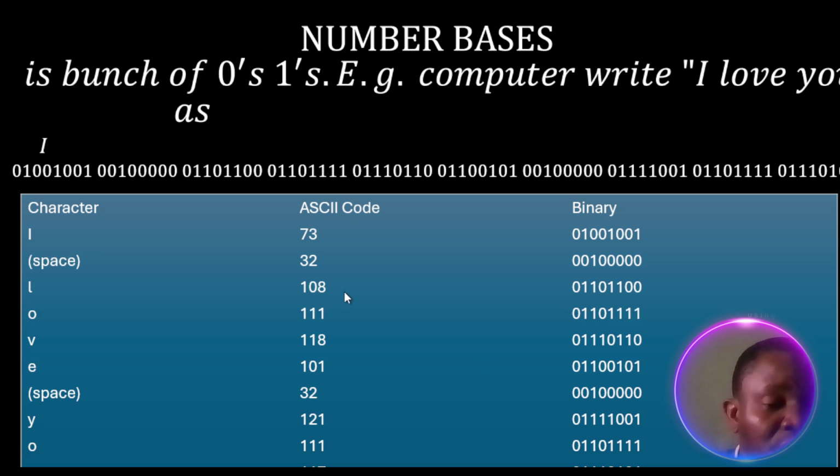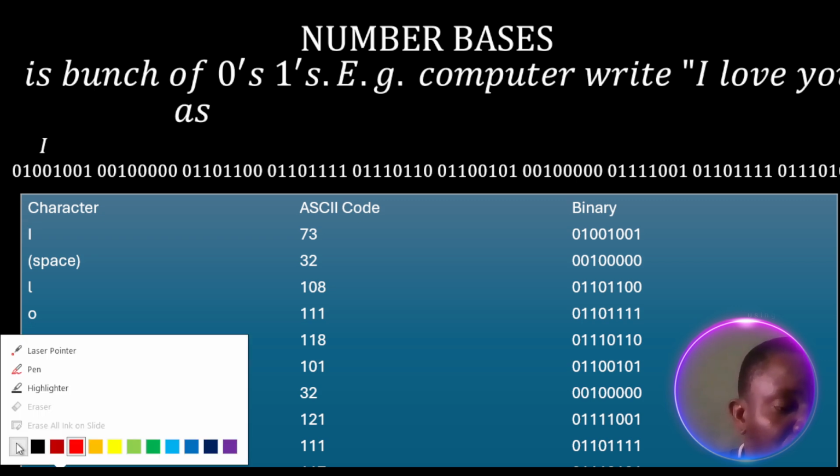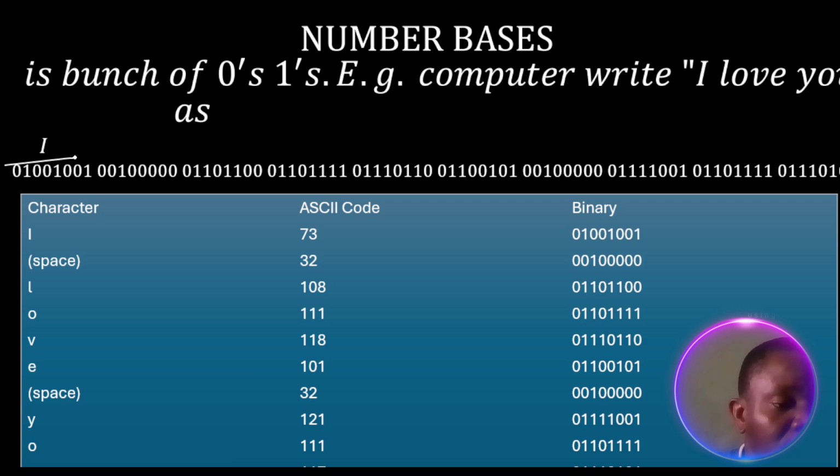You can see here, let me take my marker, I'm sorry. So this one here stands for the word I, while this one stands for the space, because between I and that L there is a space, while this one stands for the small letter L. If it is a capital letter L, the binary will be different.